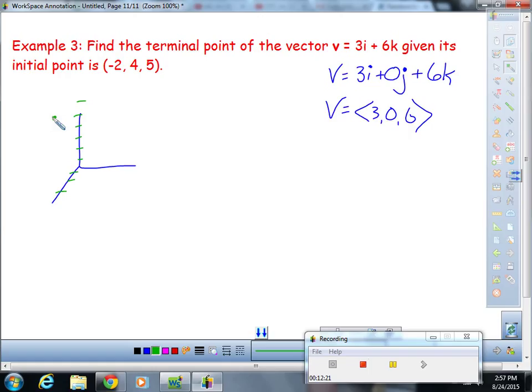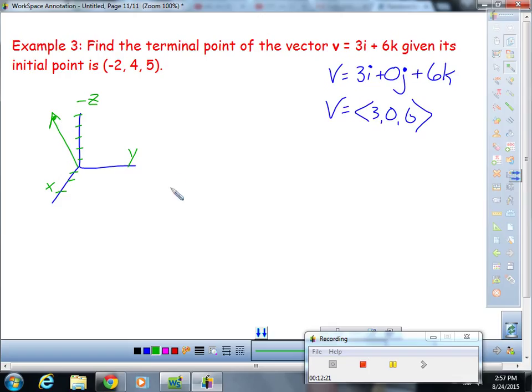So this vector is in the XZ plane, which is a plane you guys have never ridden before, but it's a good ride. Okay? So, its initial point is negative 2, 4, 5. So remember, in 2 space, we decided that vectors have no position.